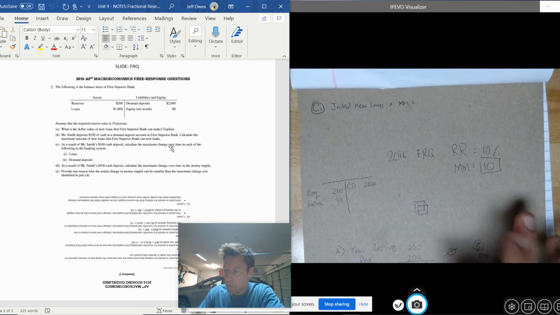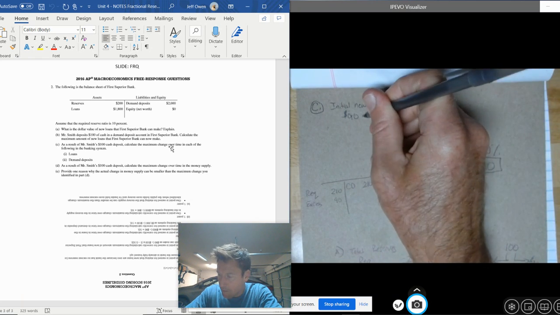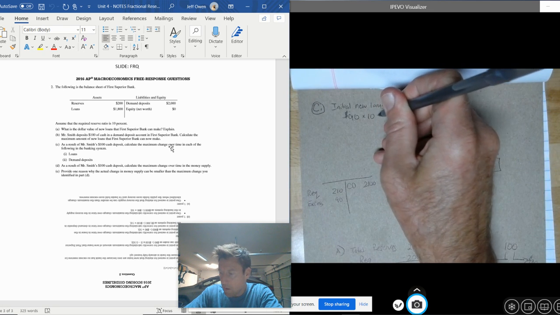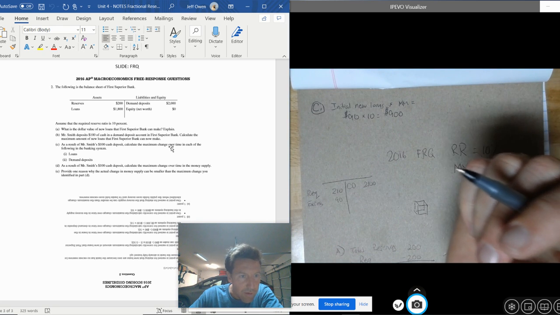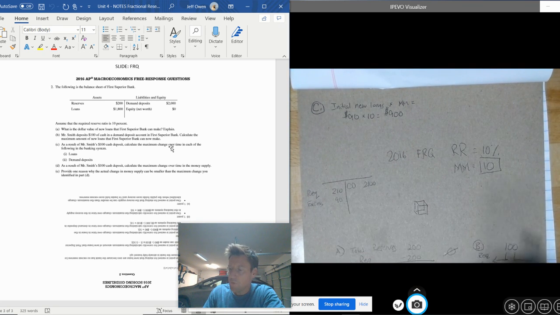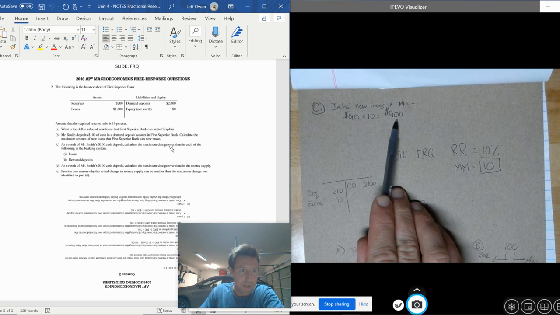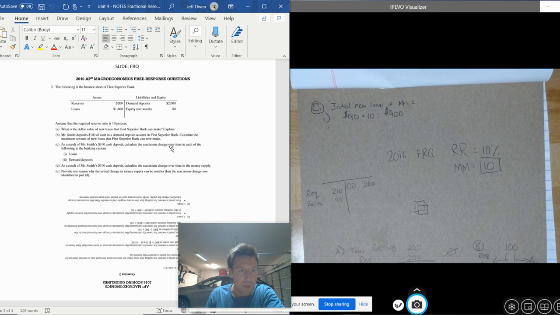So our initial new loans, $90, times our money multiplier, which we decided was 10. As a result of Mr. Smith's $100 deposit into the bank, there's a $900 maximum change in loans or new money in our economy.